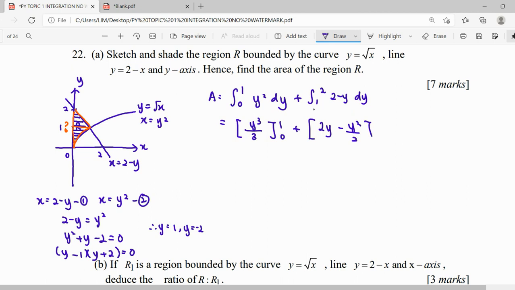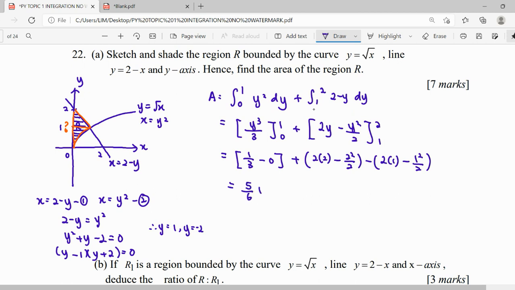Then here will be y squared over 2, from 1 to 2. Then we rewrite, upper limit minus lower limit. Just write it out and then press your calculator.